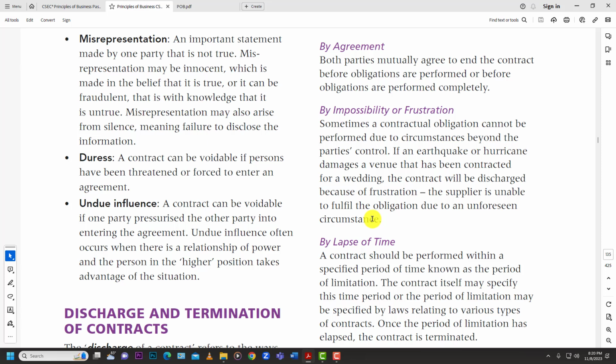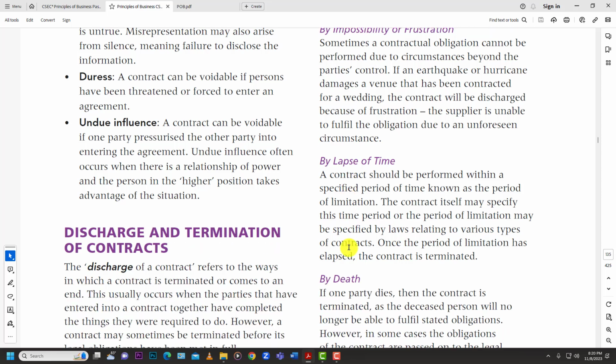Imagine you say you're going to ship something and then the boat sinks, a hurricane comes. Those are things you can't control. And so because of that, the contract will come to an end. Maybe insurance will help to cover whatever you might lose, but that is for that contract, by impossibility or frustration.